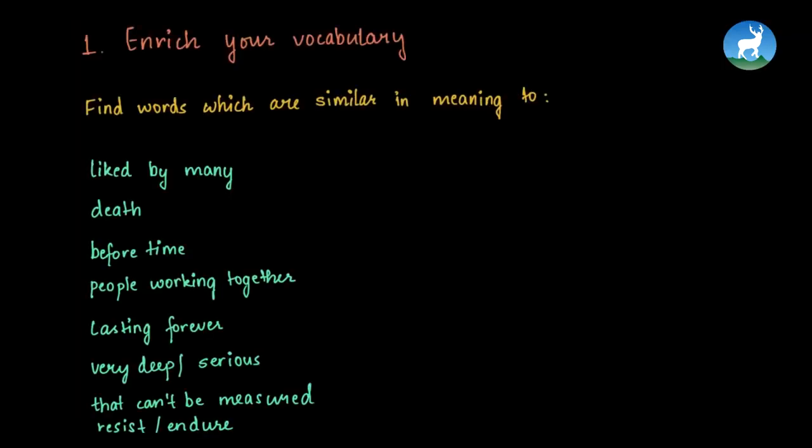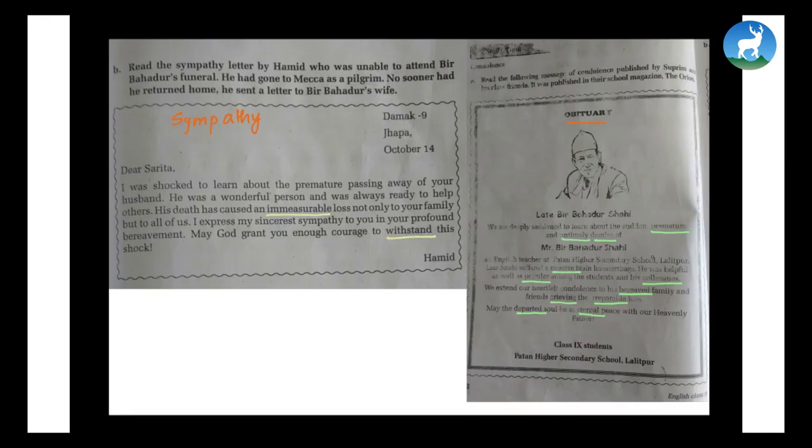Our first question is liked by many, so we need to find the synonym for liked by many. The first keyword that we have underlined is premature, and premature certainly does not mean liked by many, because premature means before maturing. In this context, premature means dying before maturity, not in typical sense. It means untimely in this context.